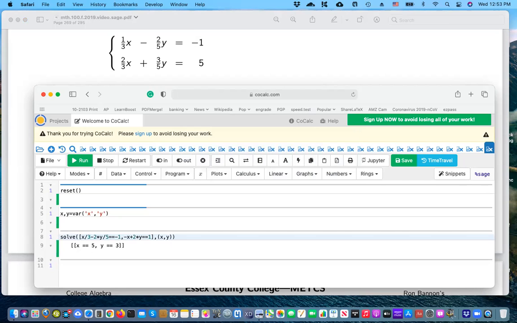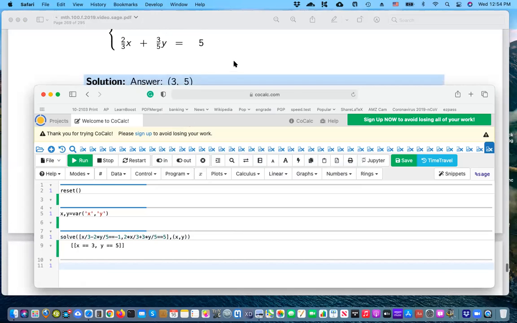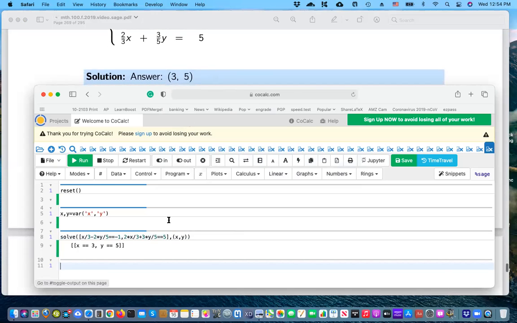What's the second equation? 2 star x, divided by 3, plus 3 star y, divided by 5, is equal to 5. And I want to solve for x and y. I'm just using the same code over and over again. If you look at the answer key, it says it should be 3, 5. What do they have? 3, 5. All right, pretty simple stuff.